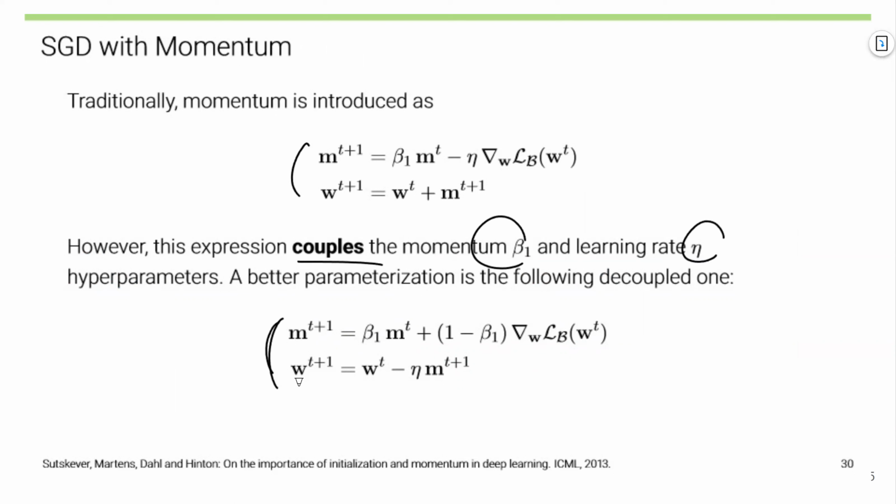So you can see it this way, with beta 1 and 1 minus beta 1 here, and update using this moment. In summary, I introduced three formulations of SGD with momentum, and you can choose any of them. They are all equivalent.